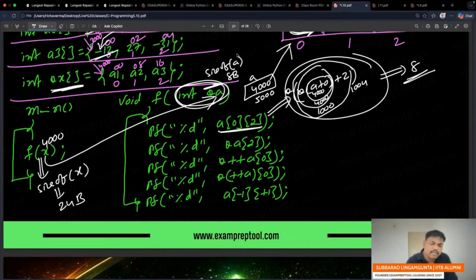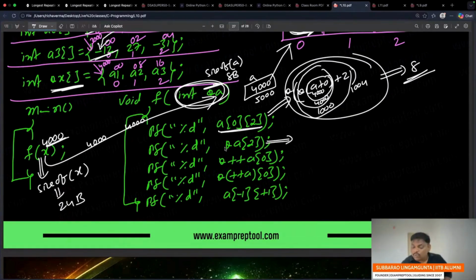So size of X is 24 bytes, size of A is 8 bytes. When X goes, the address 4000 is going. The address is going, the array is not going, received by a pointer variable which can hold the address. Remember, don't be scared, there is no 2D array here.